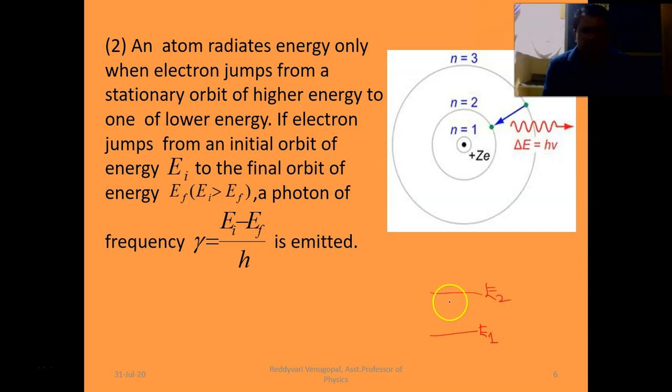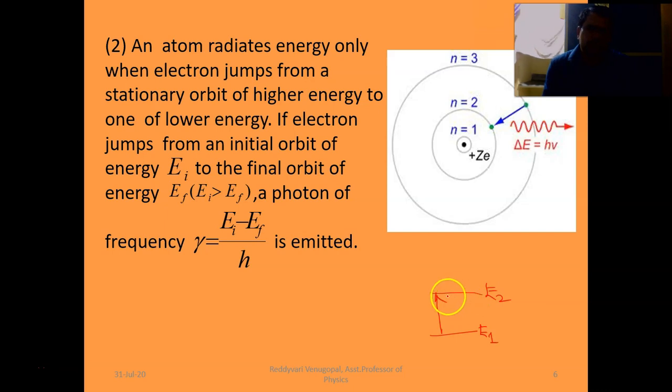What is happening when an atom is excited? The electron goes to a higher energy state. When the atom is excited, the electron goes to the excited state from E1 to E2, but it cannot stay there for a longer time.